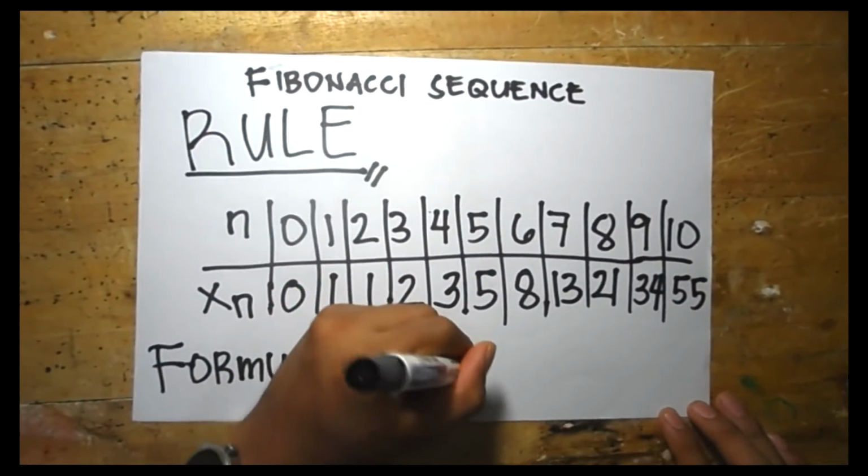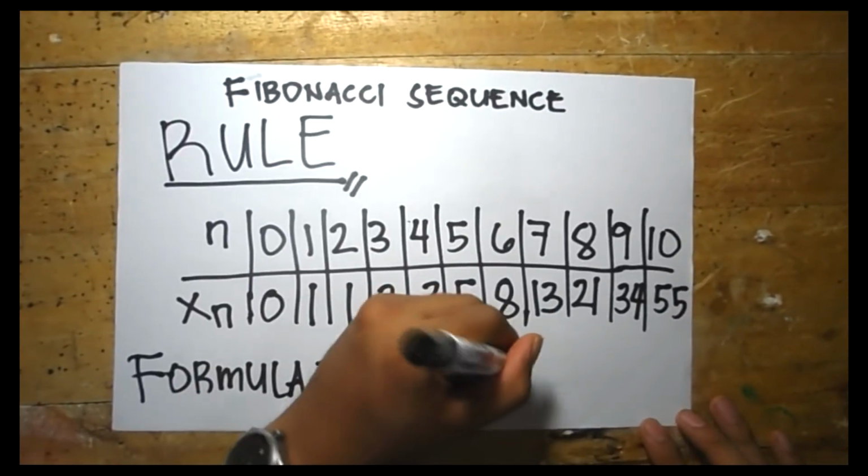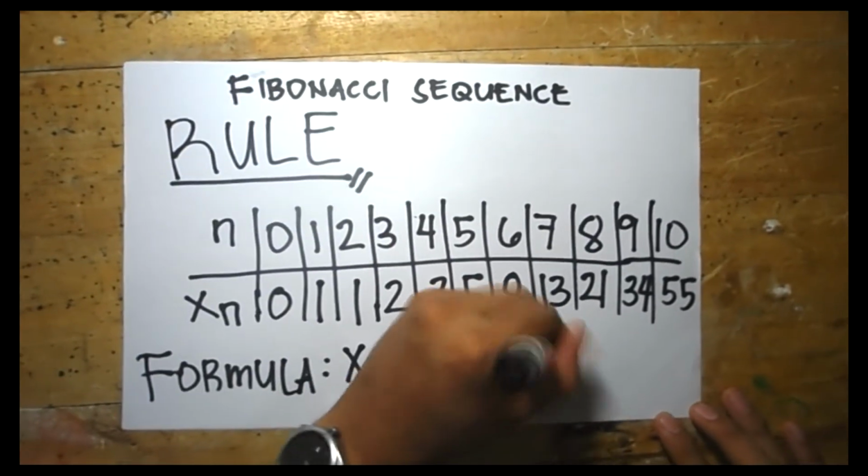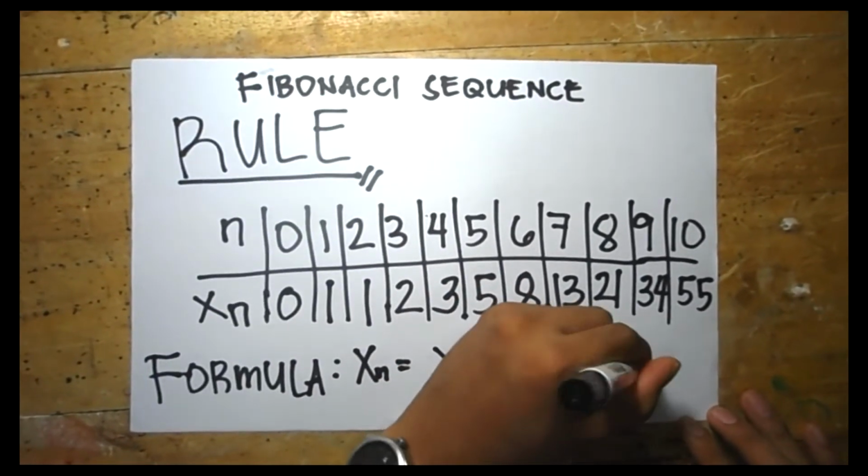The formula for the rule is x sub n is equal to x sub n minus 1 plus x sub n minus 2.